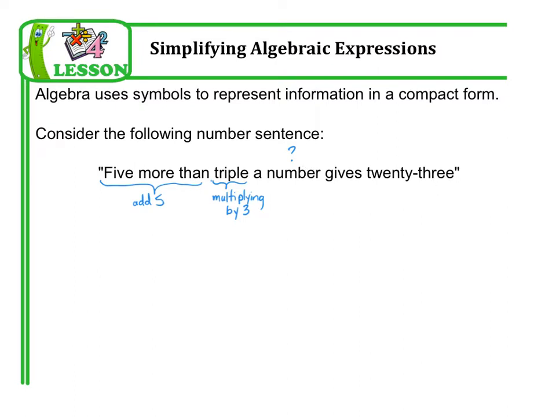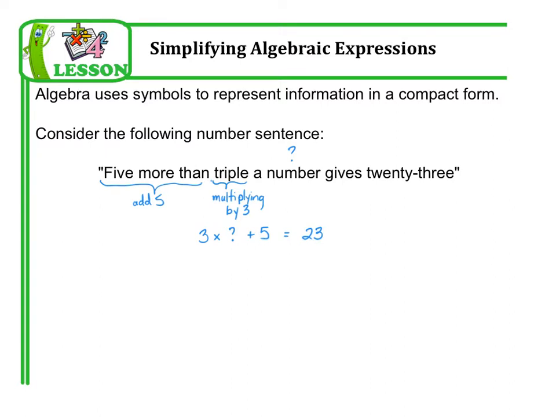My initial translation of this using symbols might look like this. 3 times some unknown number. That's tripling a number, okay? Plus 5, because I want 5 more than triple the number, gives 23. Now, algebra.